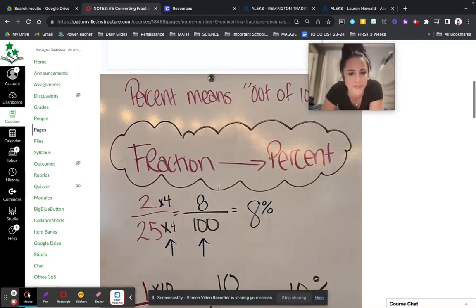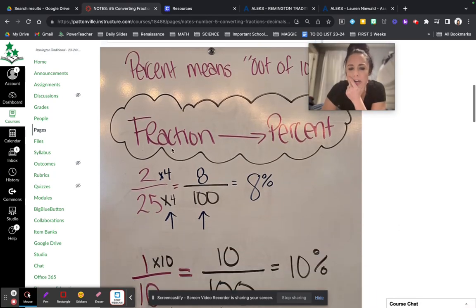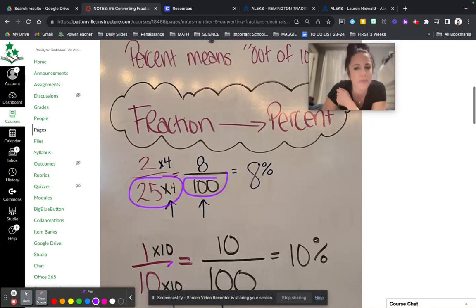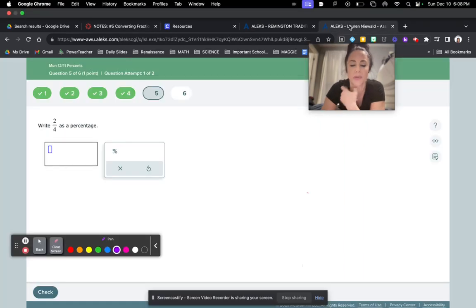Okay, so percent means out of 100, right? If you have a fraction and you want it as a percent, your main goal is trying to turn your denominator into a place value. You might remember doing this with me. Whatever your denominator is, you want to multiply it by something so it becomes 100. So let's look back at our problem here.